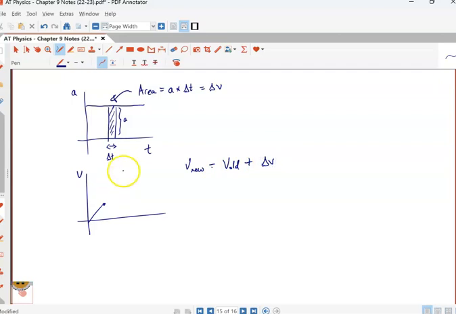So the new velocity is the old velocity that I had over here, and then I'm going to add in this chunk of velocity that changed, which will be a times dt. This is basically the Euler-Cromer method. So let's say the velocity here was like 1, and then I had a little extra velocity of, say, 0.1. So now the new velocity will be a little bit more and be 1.1.